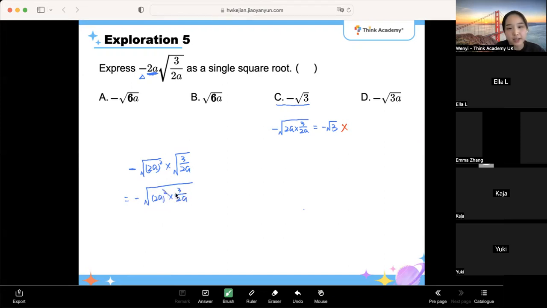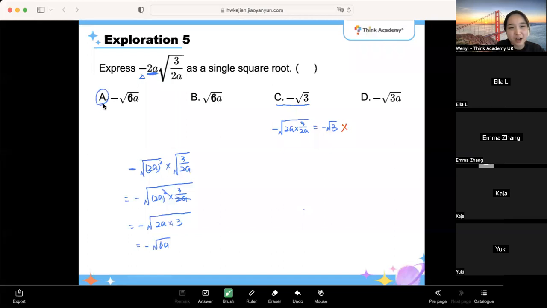And here we can cancel a 2a out. Then we're left with negative root 2a times 3, equal to negative root 6a, which gives us the correct answer as option A. Okay?